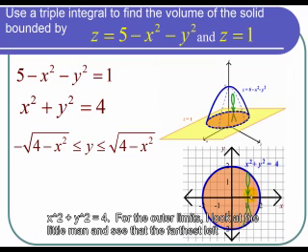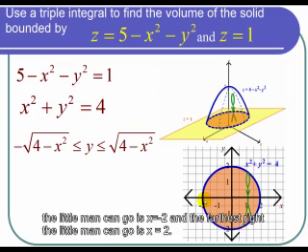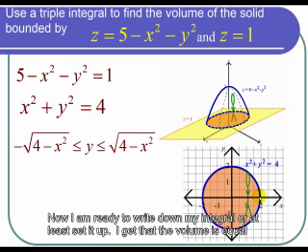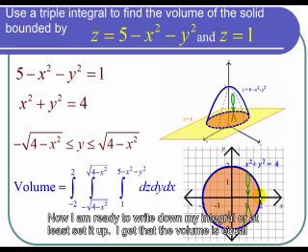For the outer limits, I look at the little man and see that the farthest left the little man can go is x equals negative 2, and the farthest right the little man can go is x equals 2. So now I'm ready to write down my integral, or at least set it up.